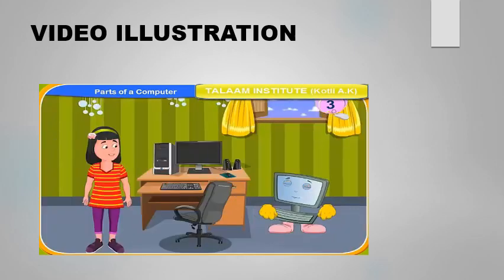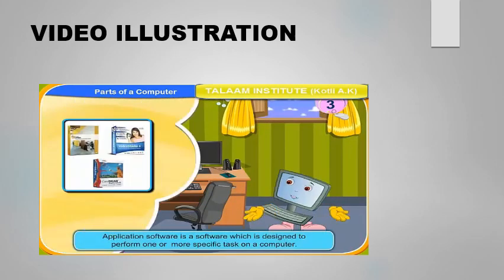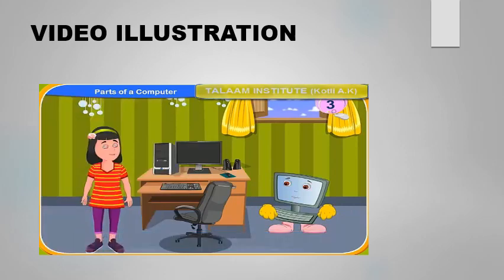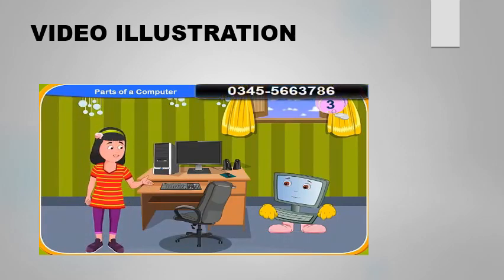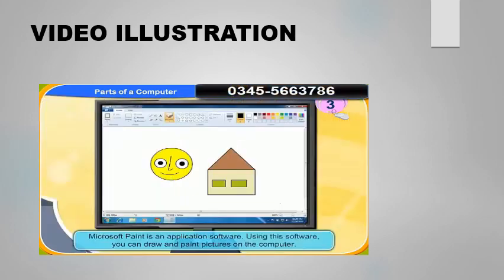What is application software? Application software is a software which is designed to perform one or more specific tasks on a computer. Can you give me any example of application software? Yes, Microsoft Paint is an application software.